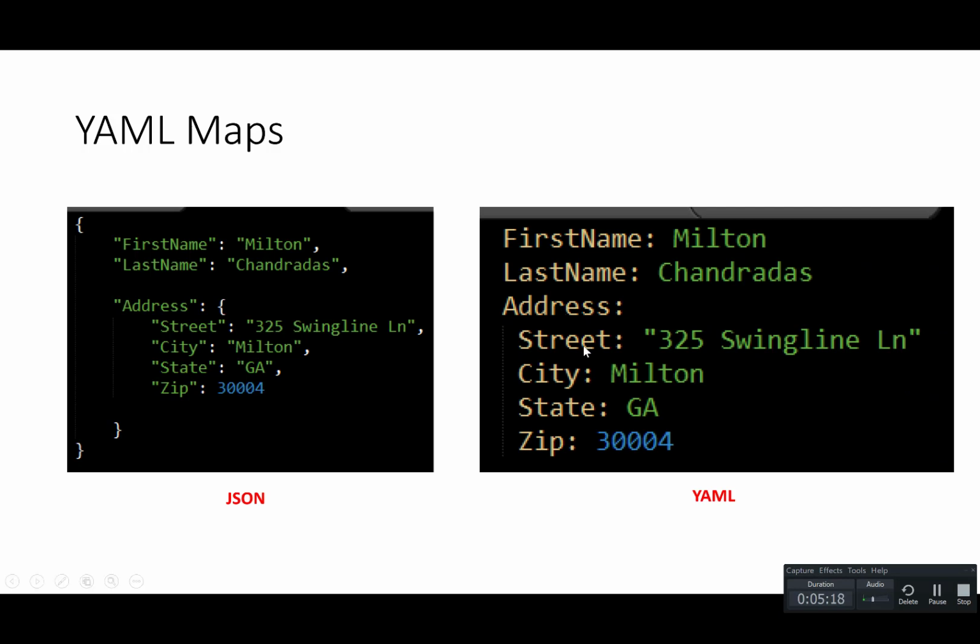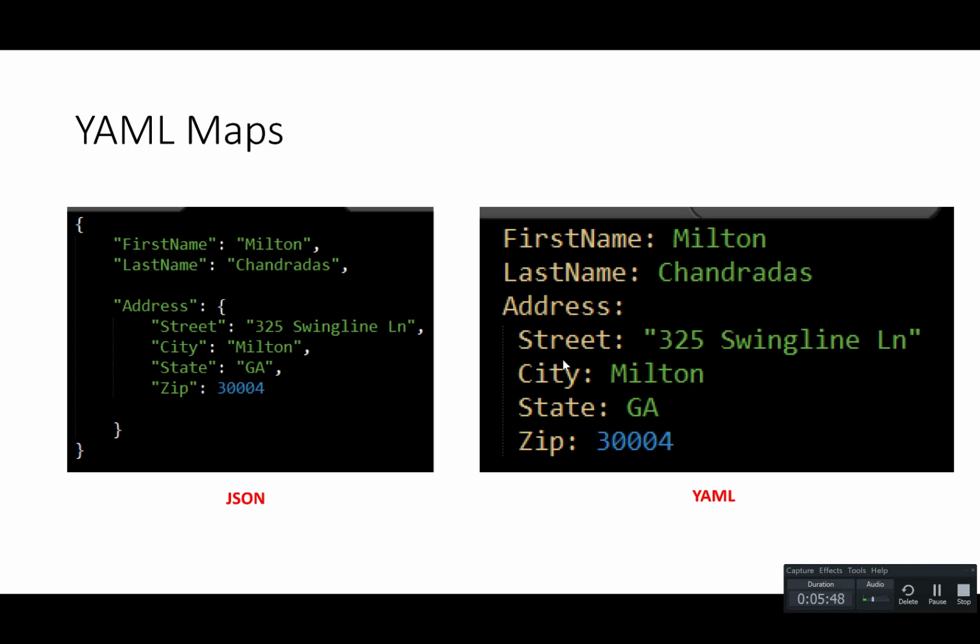And again, you see that the YAML file is much easier to read. You have the key value pairs, first name, last name. Now you have the address, which is a complex property, but you see that the street, city, state, and zip, which are the simple properties, are indented, and therefore they are a part of this address property.